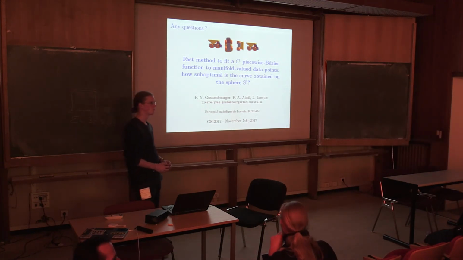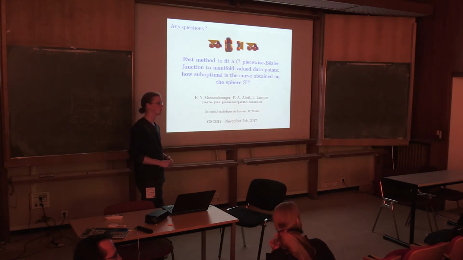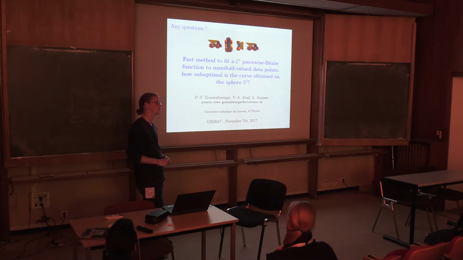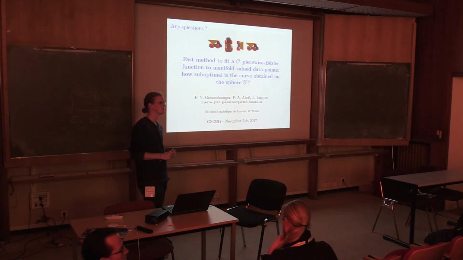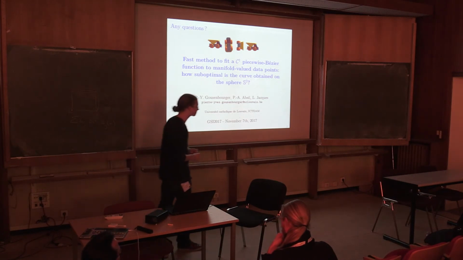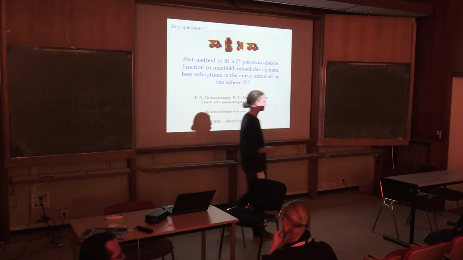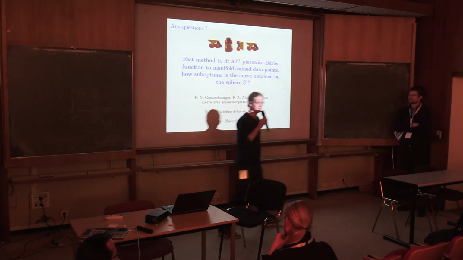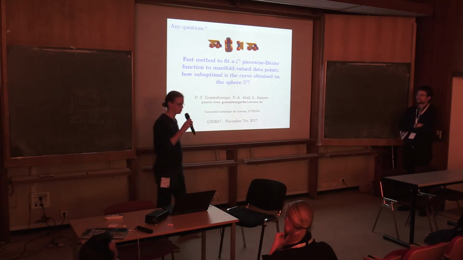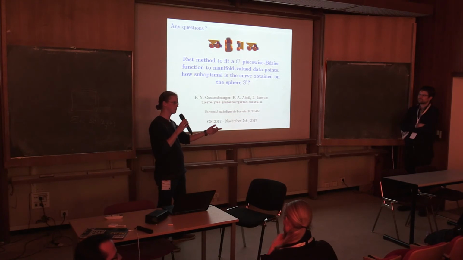So when you say suboptimal, you use the objective function that you had for Euclidean space, so you take the same objective function for the manifold. Would it make sense maybe to change the objective function? Actually, it's not exactly that. We compute the control points based on the solution we obtain in the Euclidean space, and we see that the solution in the Euclidean space can be generalized to manifolds.